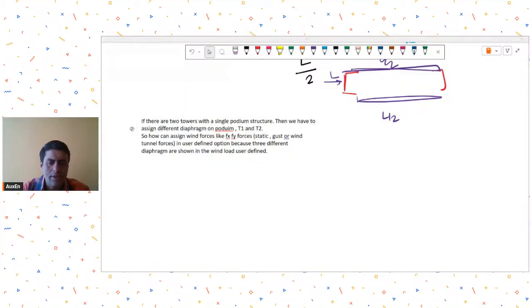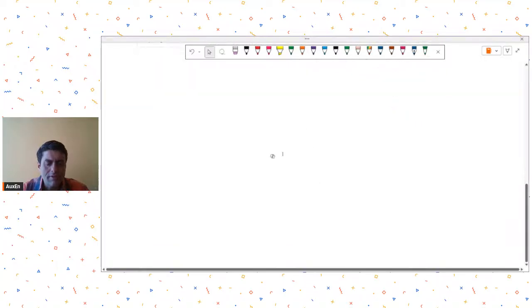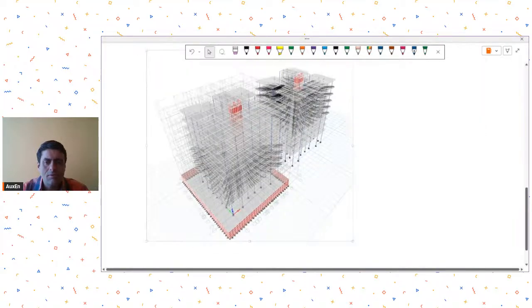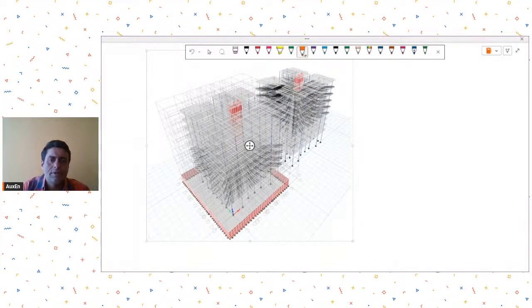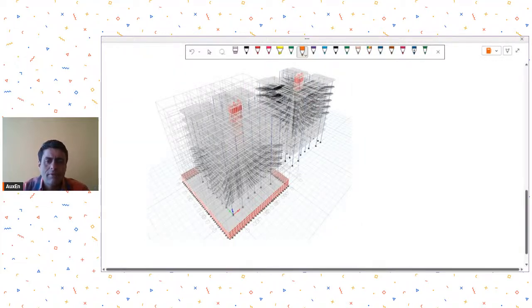No, so you can do it this way. I'll show you an example of what I was trying to do. I have created this from some old model that I had. If you can see on your screen, there are two towers.